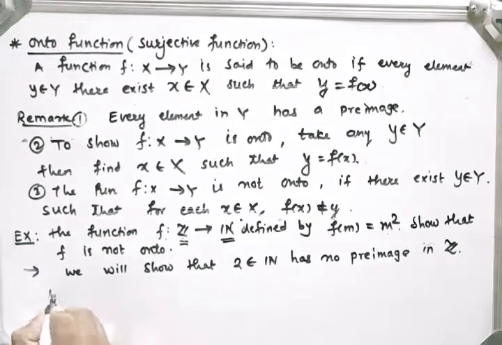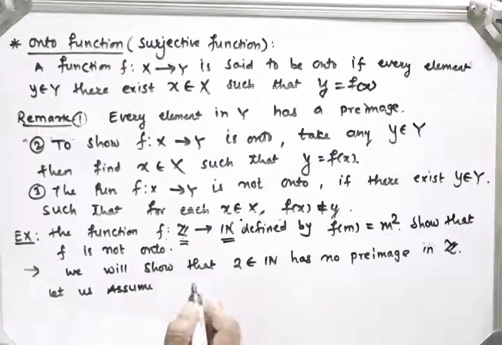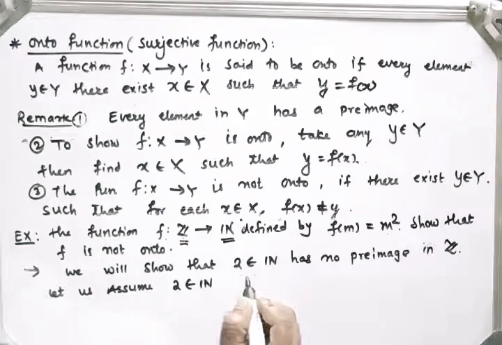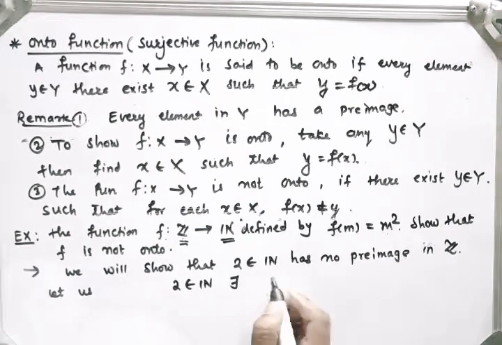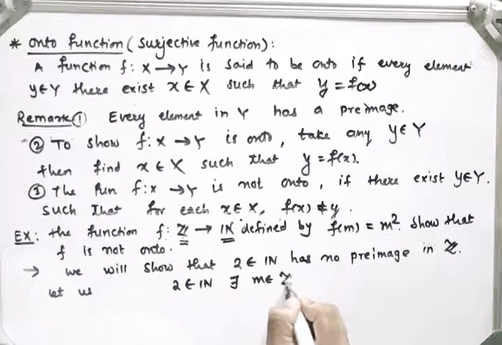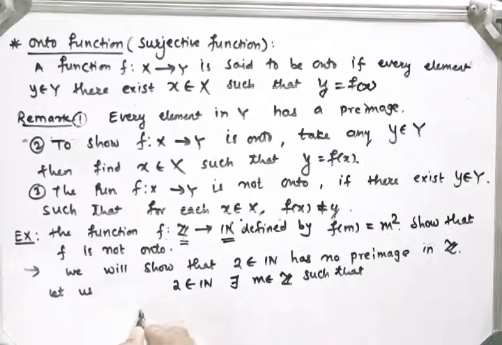So let us assume 2 belongs to the set of natural numbers. There exists m belonging to the set of integers such that f of m is equal to 2.